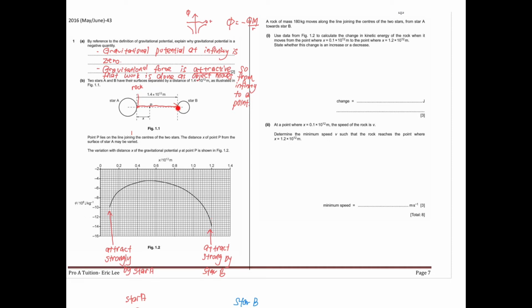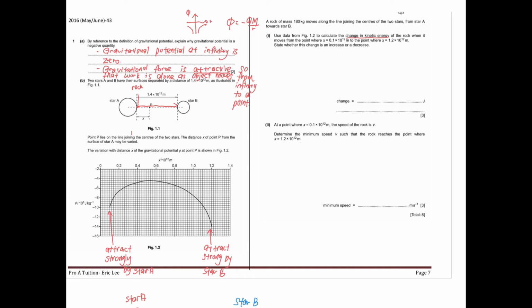Okay, so now state whether this change is an increase or a decrease. Our main focus here is we want to calculate the change in the kinetic energy. So we have to use the principle of conservation of energy.